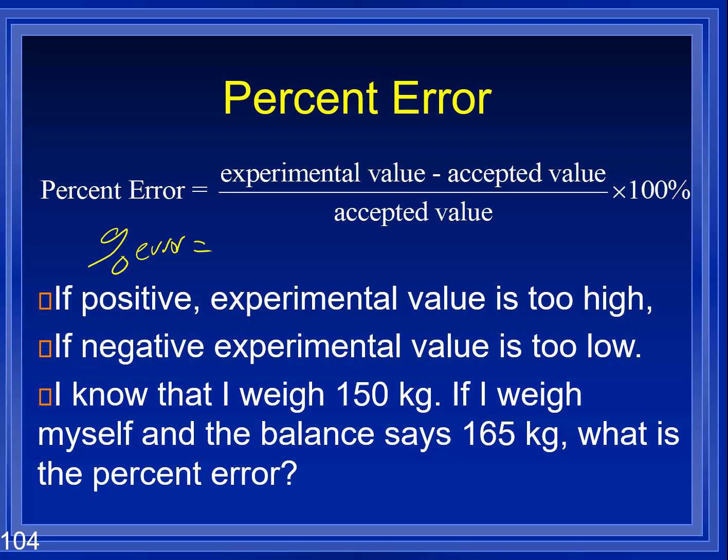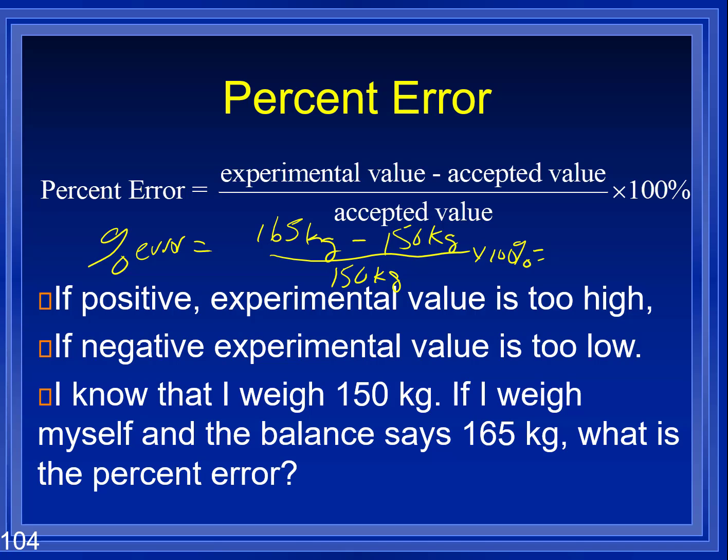Percent error equals experimental value. Which one of those is the experimental value? I weigh myself on the balance. That's the experiment, 165 kilograms, minus the accepted value, 150 kilograms, divided by the accepted value, 150 kilograms, times 100%, equals.